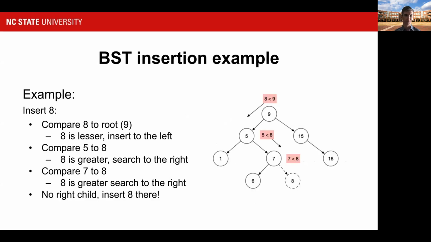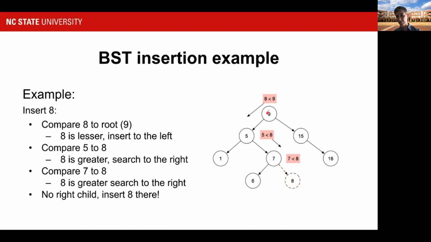So here's an example. We're first going to figure out where 8 would be. We compare 8 to 9, and that means we have to go to the left because it's smaller, but 8 is bigger than 5, so we go to the right. Then we know that 8 is bigger than 7, so we need to go to the right again. But there's nothing beneath 7. So what we need to do is insert the new node here to the right of 7.